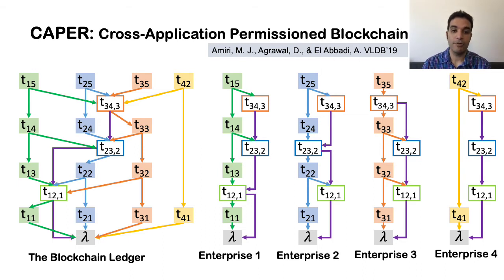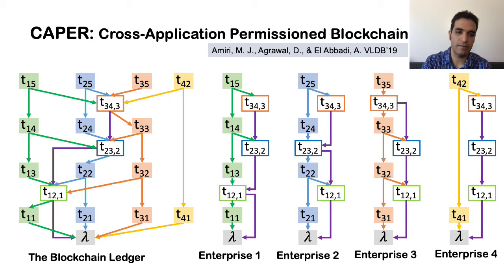Second, we have a total order between global or public transactions. So this is a public transaction, T12-1, T23-2, and T34-3. As can be seen, for these public transactions, the sequence number has 2 parts. One part shows the order among the transactions of the initiator enterprise.